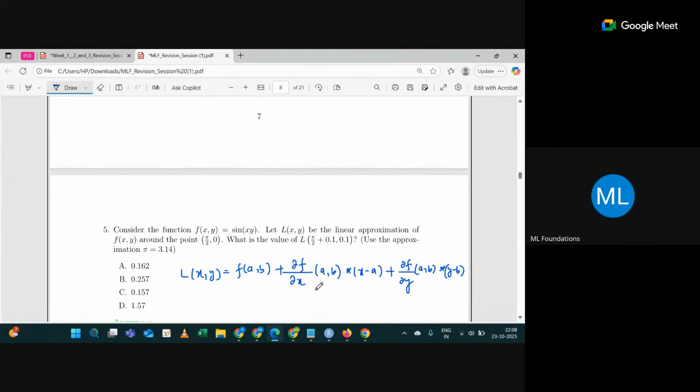I have given, let's say, 2 to 3 minutes. Just solve it and let me know.